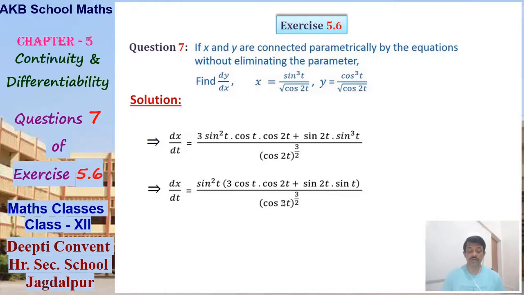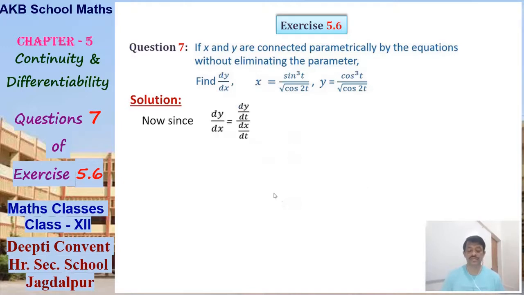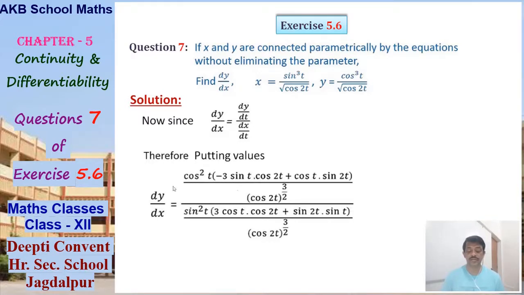So we have got the values of dy/dt and dx/dt. Now putting these values in dy/dx. Since dy/dx equals (dy/dt) by (dx/dt), putting the values here we get dy/dx equals dy/dt upon dx/dt.